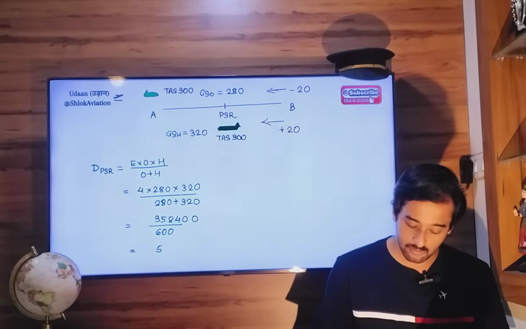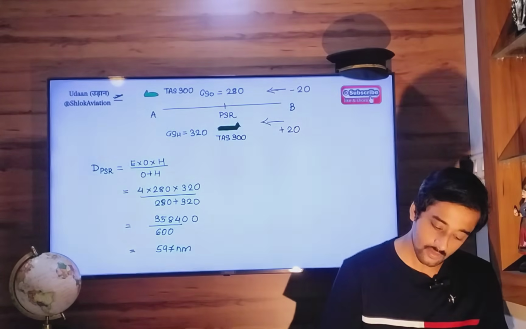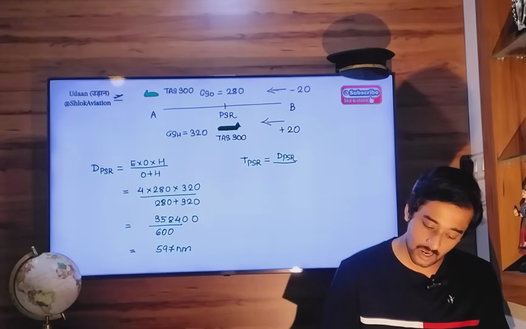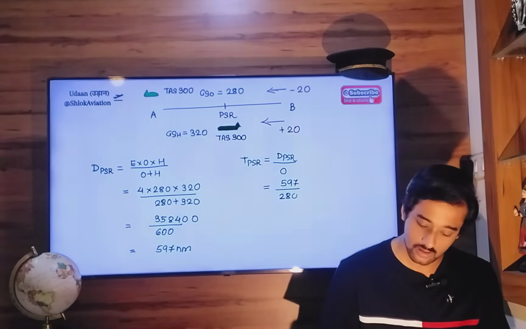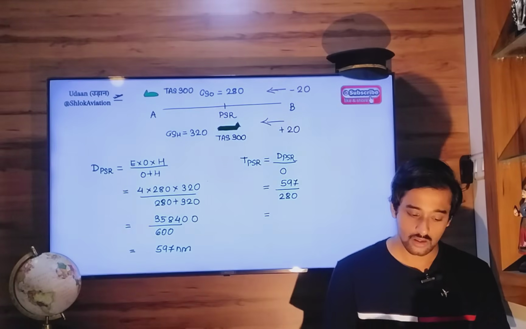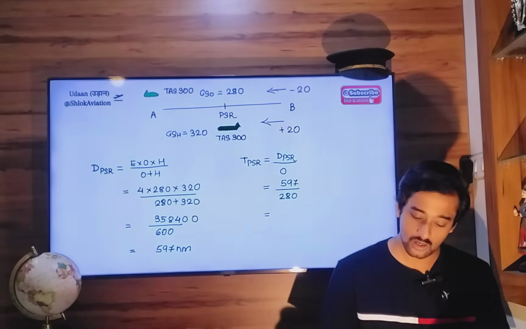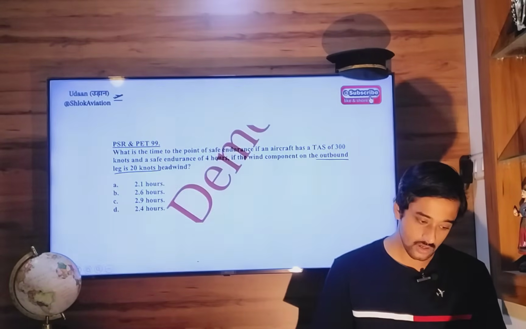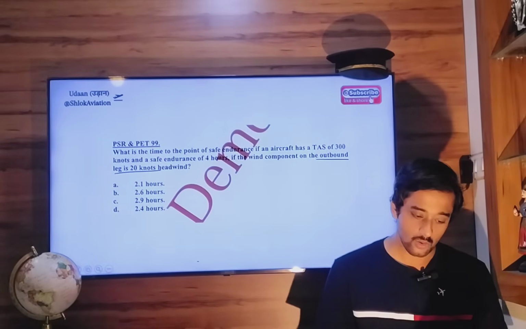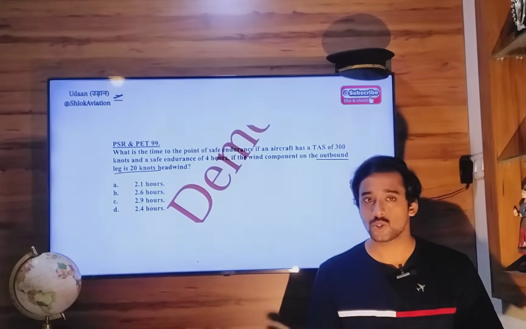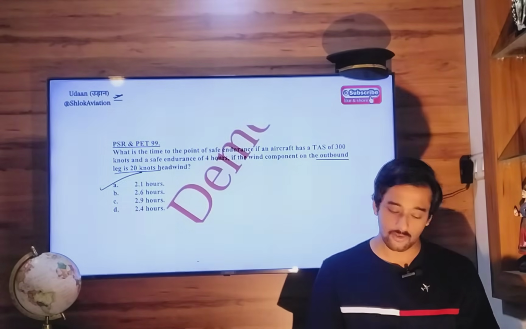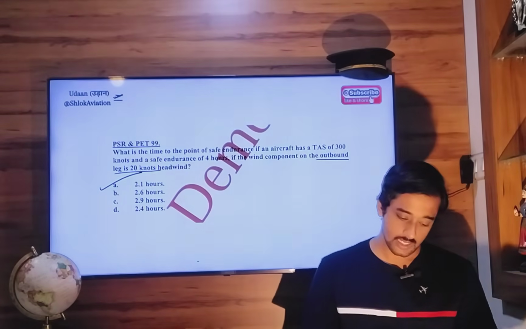So 597 miles. Time to PSR, distance to PSR divided by outbound speed. So 597 divided by 280. 2 hours 8 minutes or 128 minutes. So 2 hours 8 minutes is 2.1. So option alpha. 0.1 equals to 6 minutes.